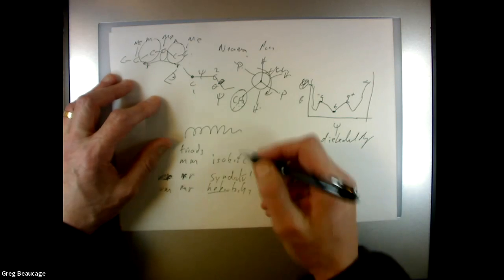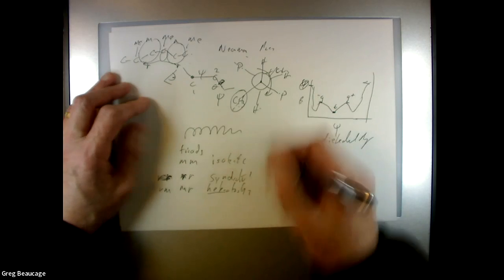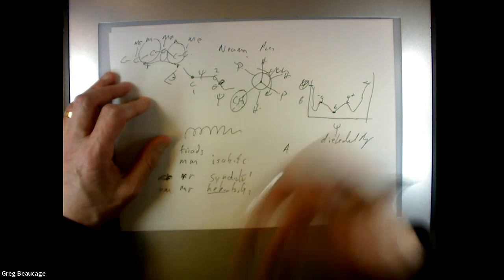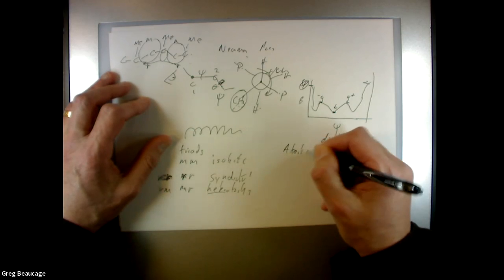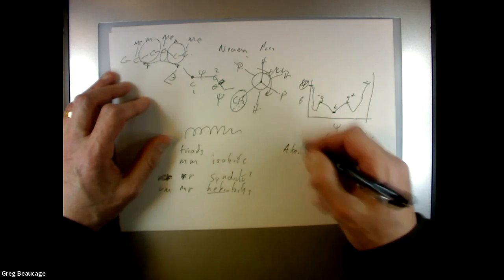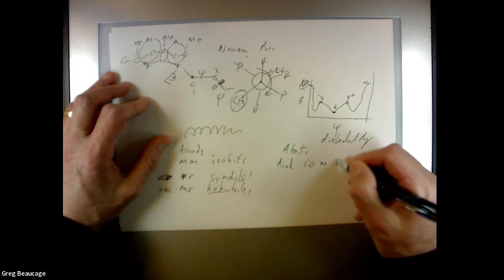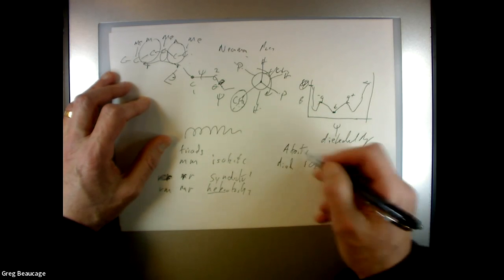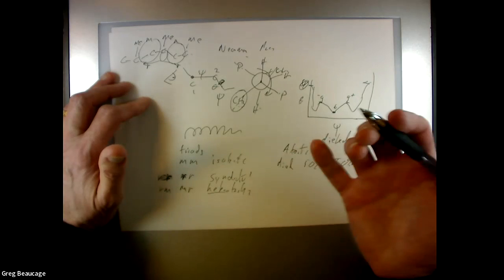So anyway, something called atactic doesn't have tacticity, so you call it atactic. Atactic in terms of dyads is 50% M, 50% R. That would be a random tacticity.